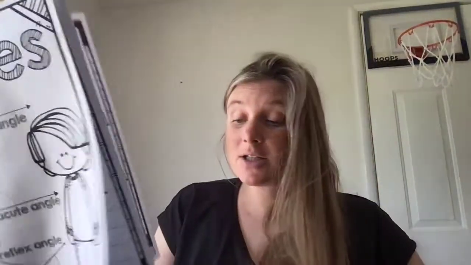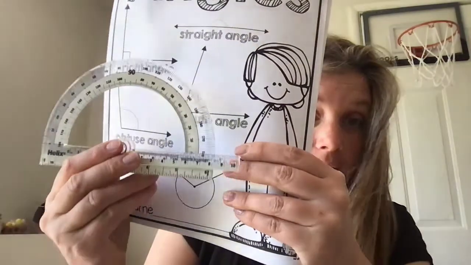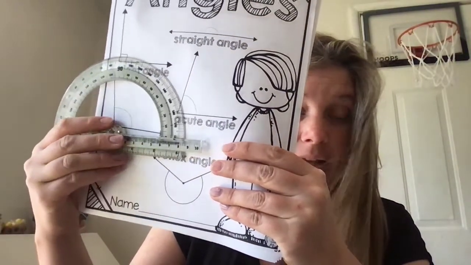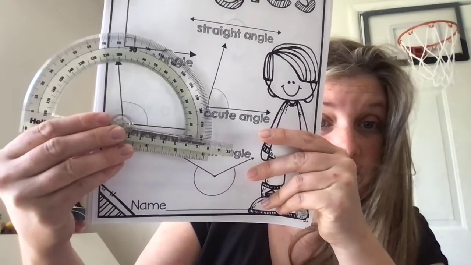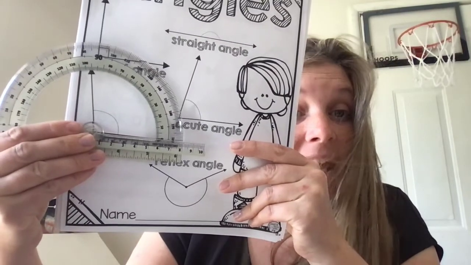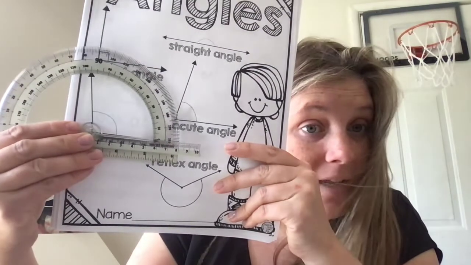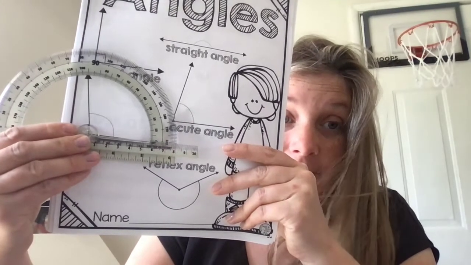Okay, now let's look at an obtuse angle. Can you put your protractor on there? Put the corner right there and see what it measures. Is that more than 90 degrees, less than 90 degrees, or right on 90 degrees?